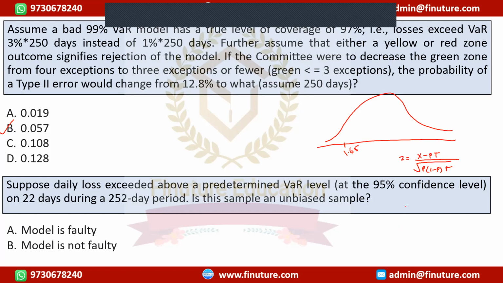So you calculate the Z value and compare with this. If you reject over here, you can say that the model is actually faulty because this information is falling into the error zone. But if it comes in this area, you can say that the model is unbiased or accurate. So let's quickly calculate this Z value.